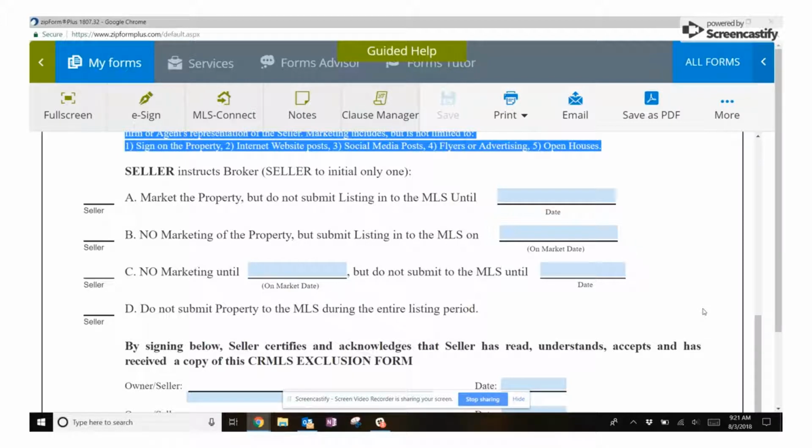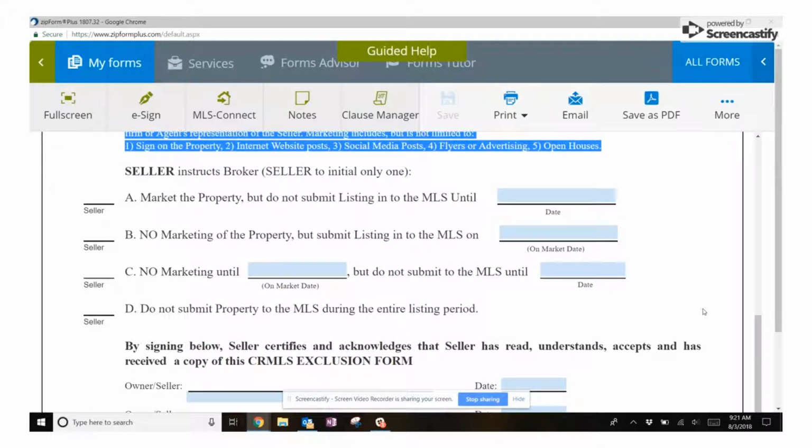So let's use this as an example. I take the listing with the seller on August 1st, but because they need to fix the property up or they need to clean up the property to get ready to market, they are not ready to market the property until August 15th. But I am not allowed to input the listing until August 30th.